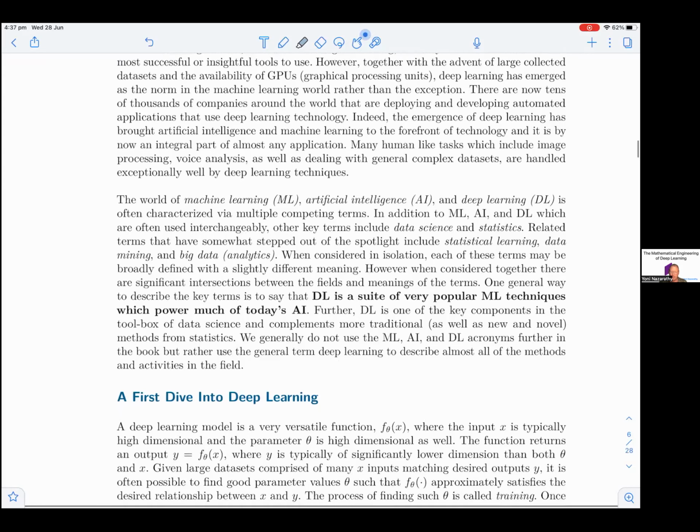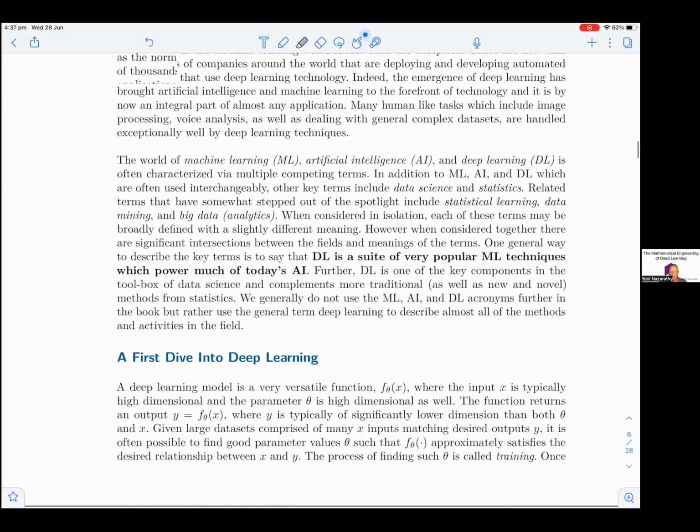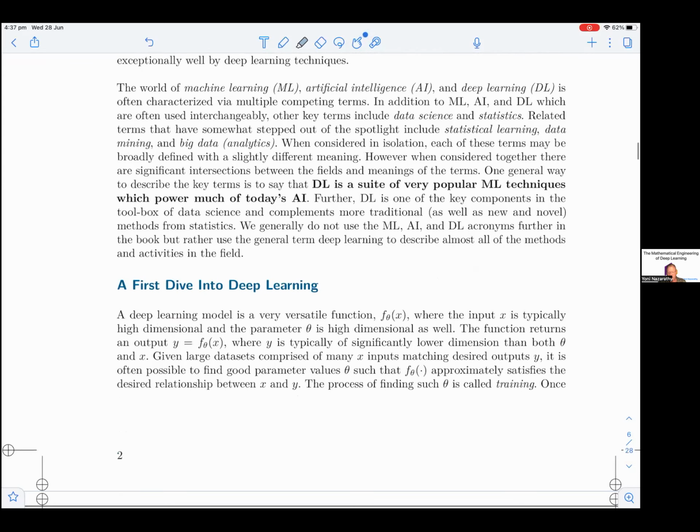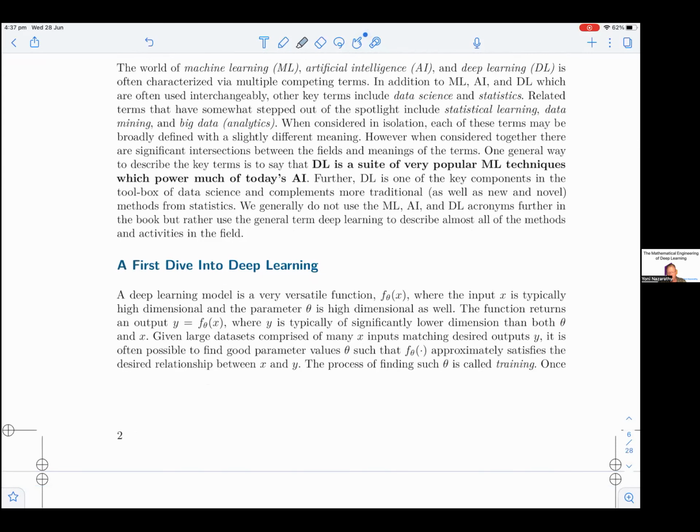The world of machine learning, ML, artificial intelligence, AI, and deep learning, DL, is often characterized via multiple competing terms. In addition to ML, AI, and DL, which are often used interchangeably, other key terms include data science and statistics.